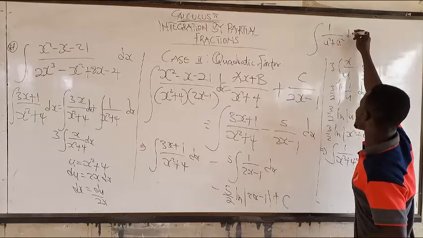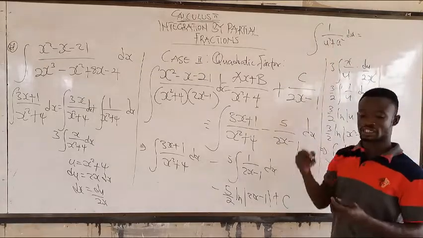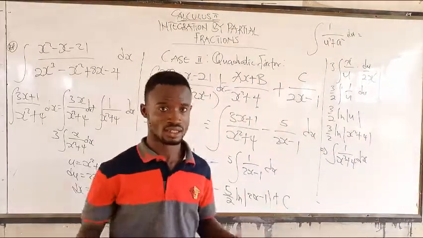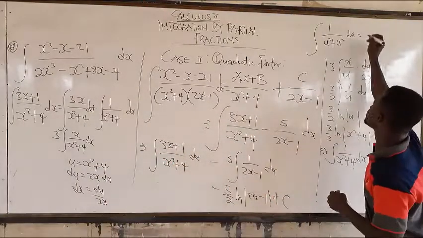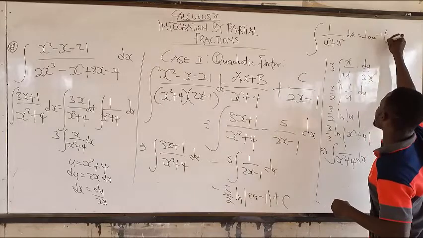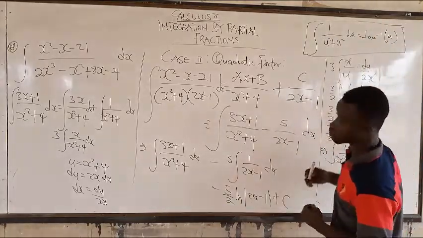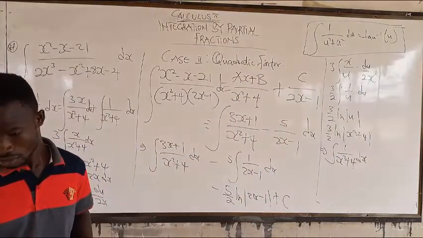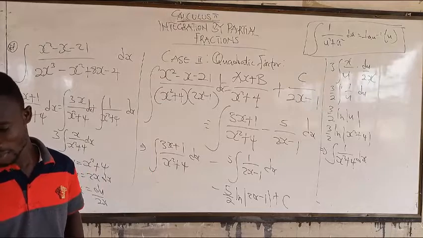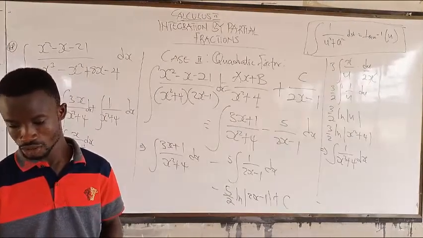We established that if you have something in this form, when we're doing integration by inverse trig substitution or whatever, this is going to be tan inverse of u.